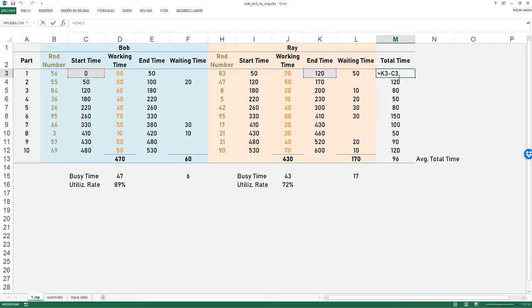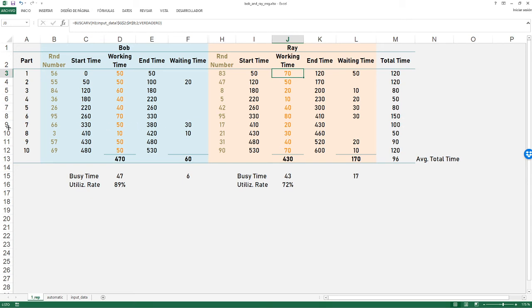So for that, we subtract the end time for Ray minus the start time for Bob, which is not exactly the summation of these two values. Sometimes that is the case, and sometimes that is not the case, okay? Because let's see an example.